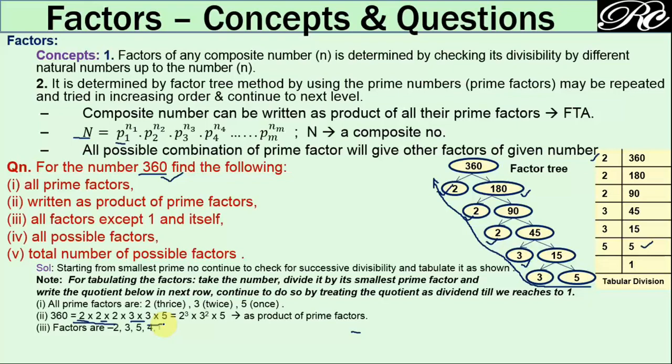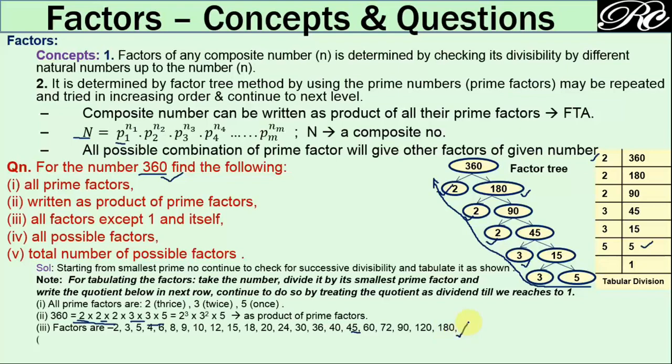So by these combinations, we can write all possible factors. 1 is a factor of every number, so it will be 1. If we exclude 1, then it is 2, 3, 5, 4, 6, 8, 9, 10, 12, 15, 18, 20, 24, 30, 36, 40, 45, then 60, 72, 90, 120 and 180.